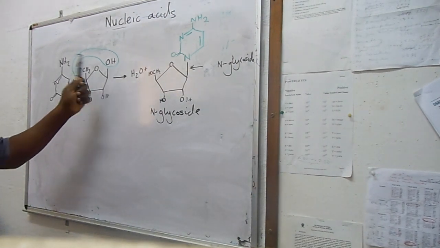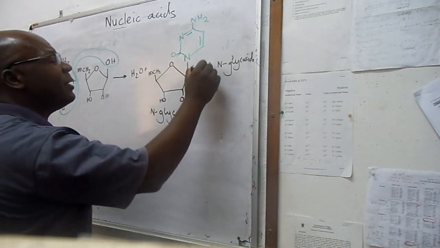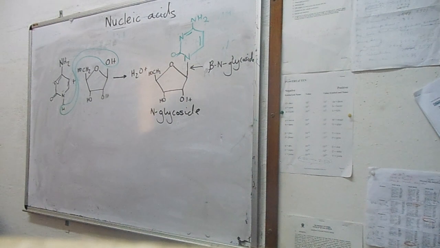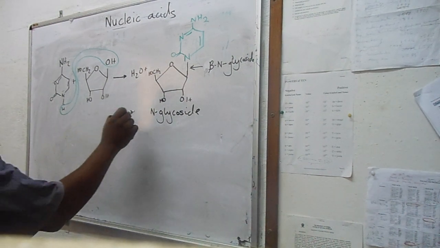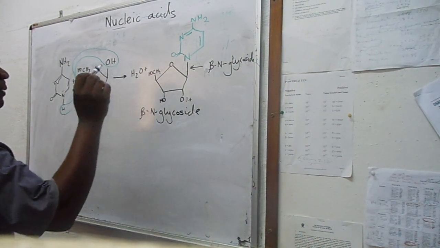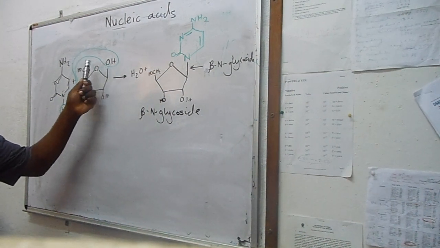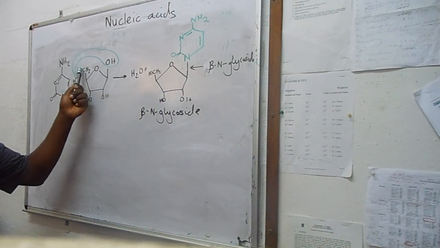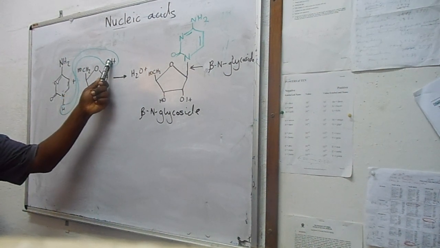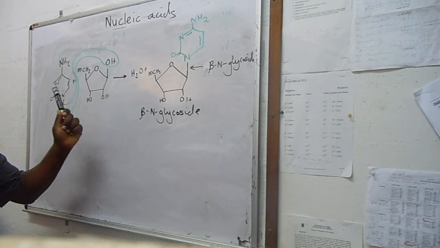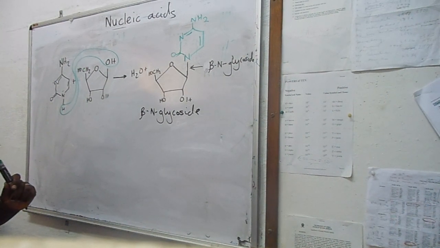The sugar is in the beta configuration. So this is a beta N-glycoside. Remember, the beta refers to the position of these with reference to the terminal. When this is pointing above, and this is pointing above, then that's beta. When this is pointing below, then that becomes alpha.